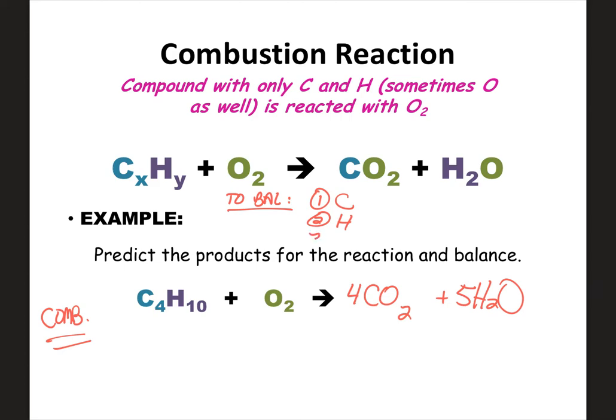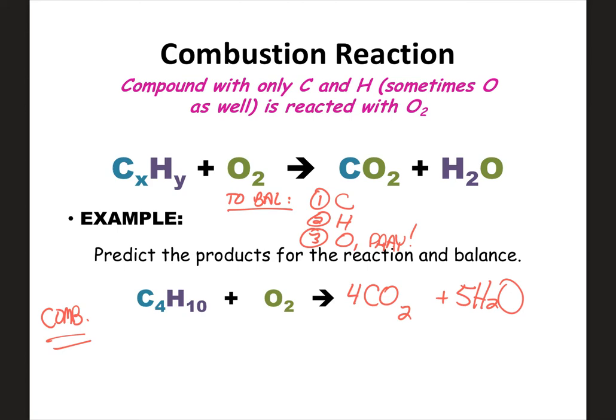And then the last thing you do is the oxygens, and pray. The reason I say that is because sometimes these don't always work out the way you want. So now I'm going to look at the oxygen. I see that I have 2 oxygens on the left, but on the right side you have to be careful here. By putting these numbers in front, you actually have oxygens in different spots.